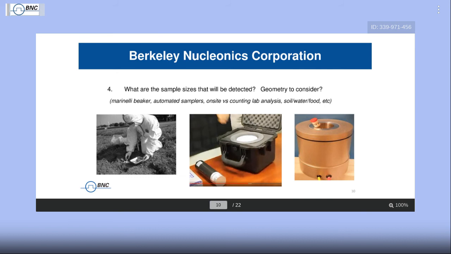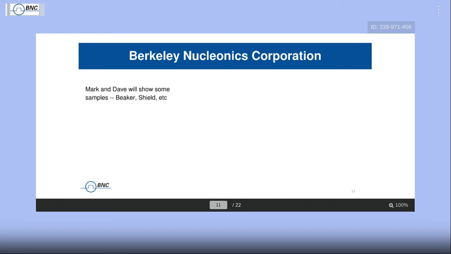I was mentioning the samples. I think we have some things to show you here. Typically, for instance, this is a Marinelli beaker. These were used quite commonly during the food and soil sampling after the Fukushima incident. We have a half-liter size, also a half-liter size, but for different detector sizes.